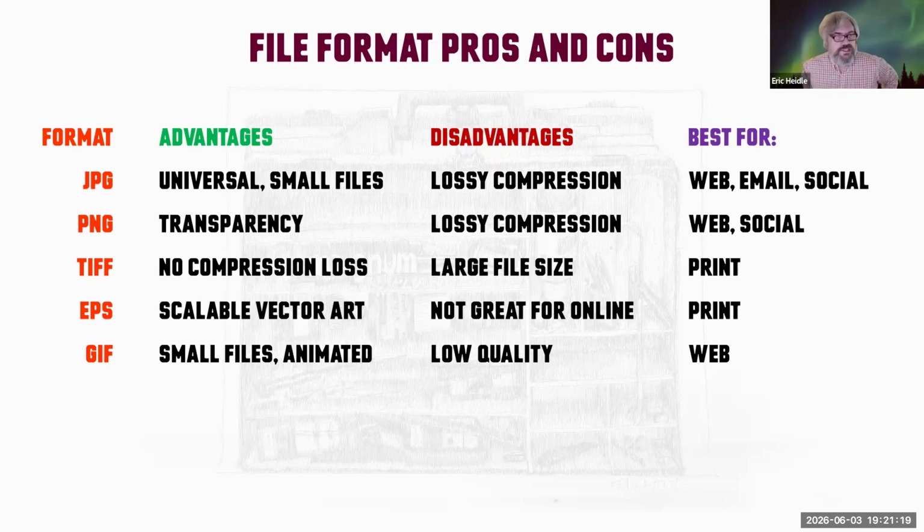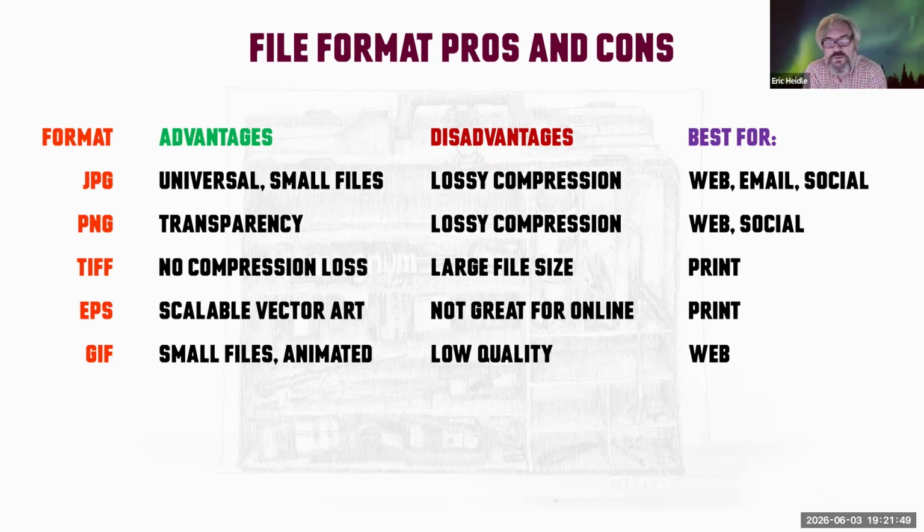PNG is very similar to JPEG. And the chief difference and advantage of PNG files is that you can include transparency in them. That's mostly an advantage for web pages, where if you had a logo with an unusual shape and you only wanted the logo itself, you might plop that on top of something else, instead of having a big white rectangle around the outer edges of it, you just have the shape of the logo.